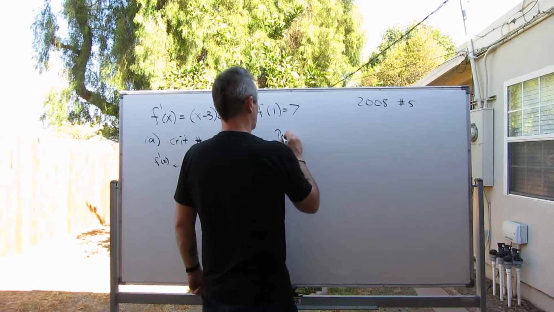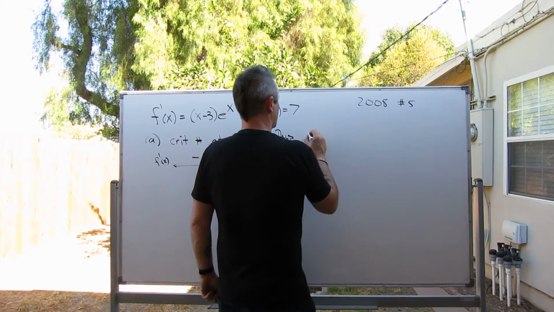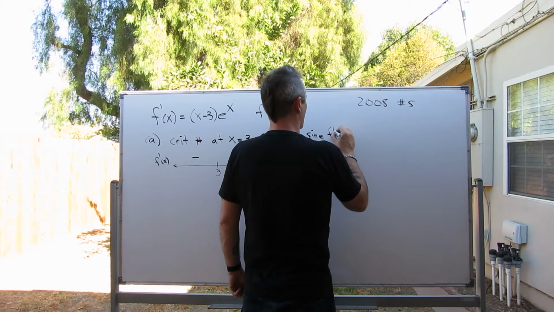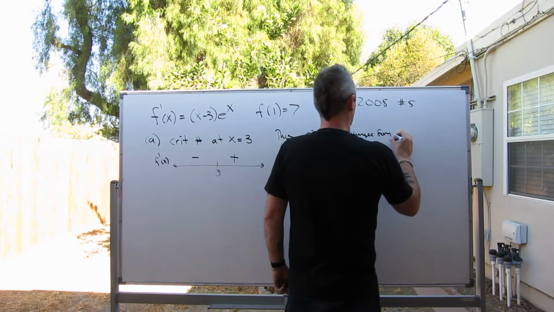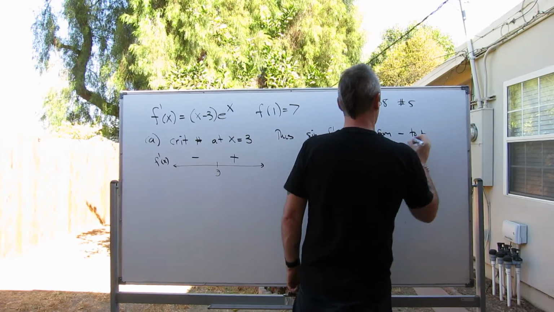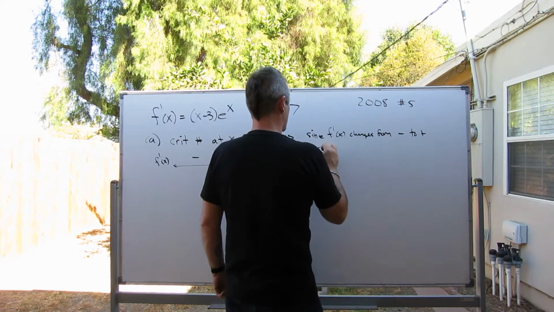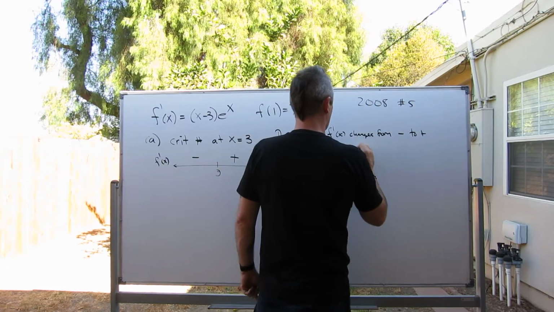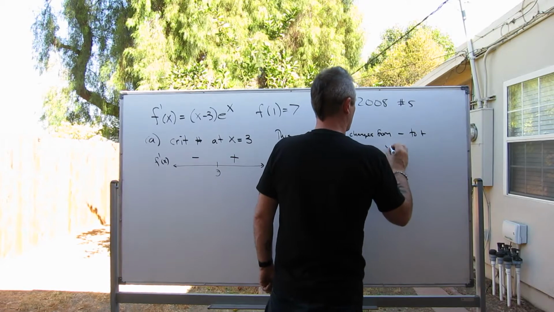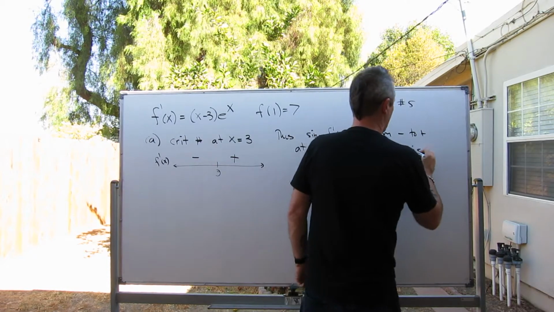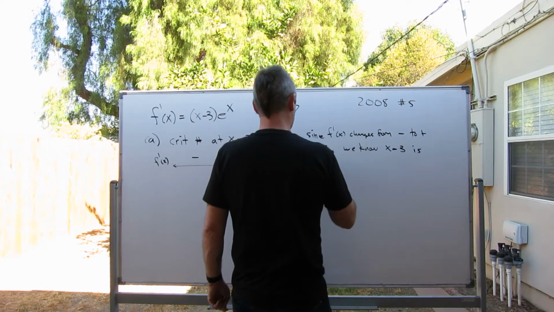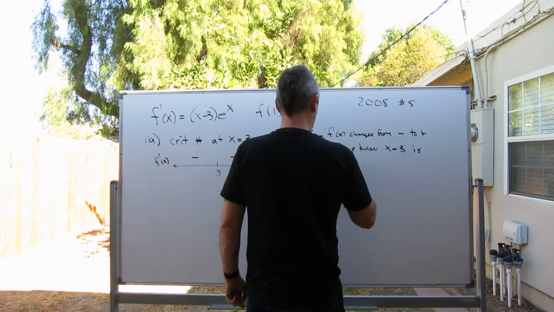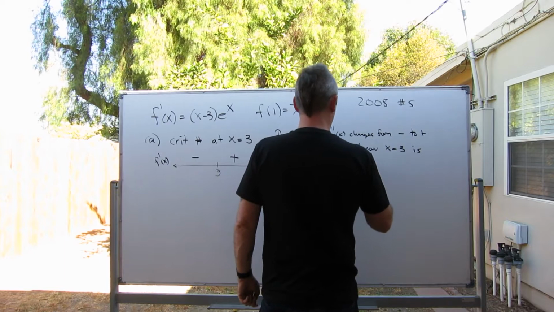So thus, since f prime of x changes from negative to positive at x equals 3, we know that x equals 3 is, let's see, it's decreasing and then increasing, a relative min for f of x.